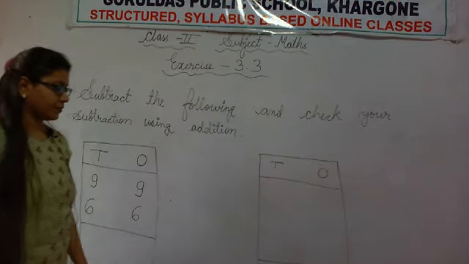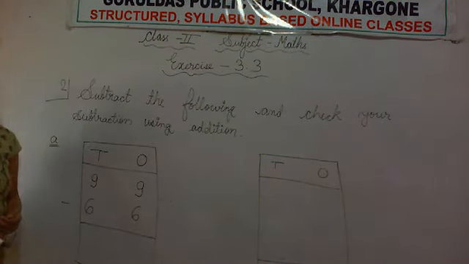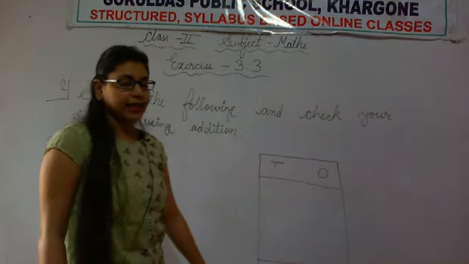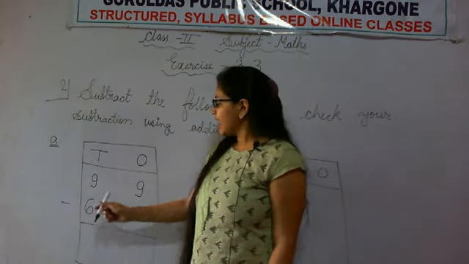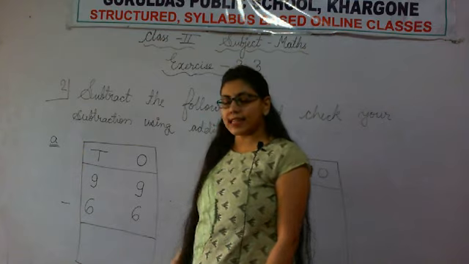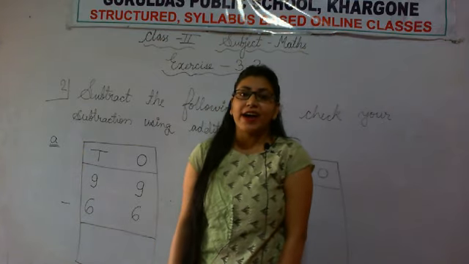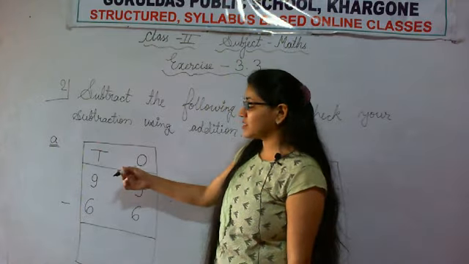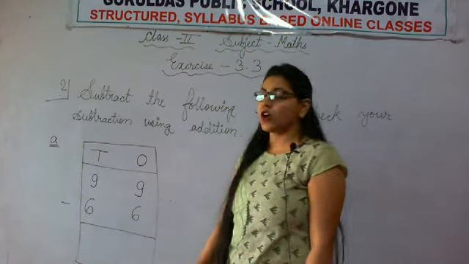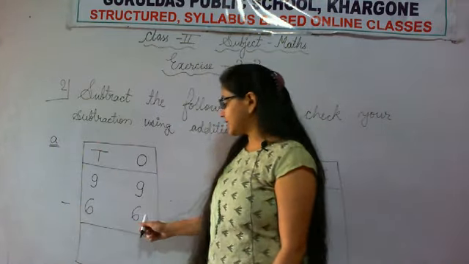Okay, so let's start subtracting. Let's start solving this question. 99 minus 66. Now we always start from where? Very good. We always start from the rightmost position, that is ones. So 9 minus 6.